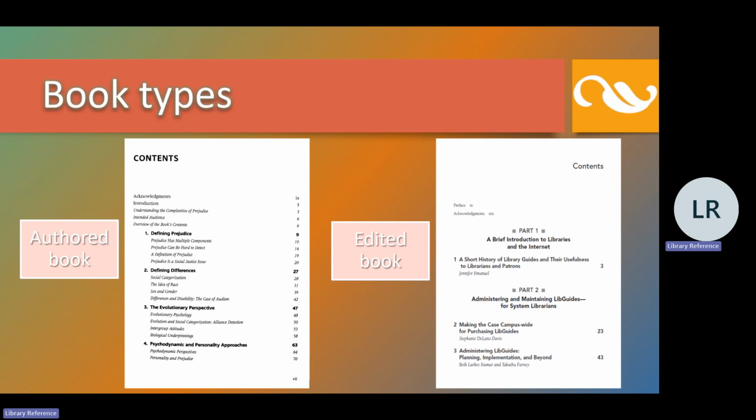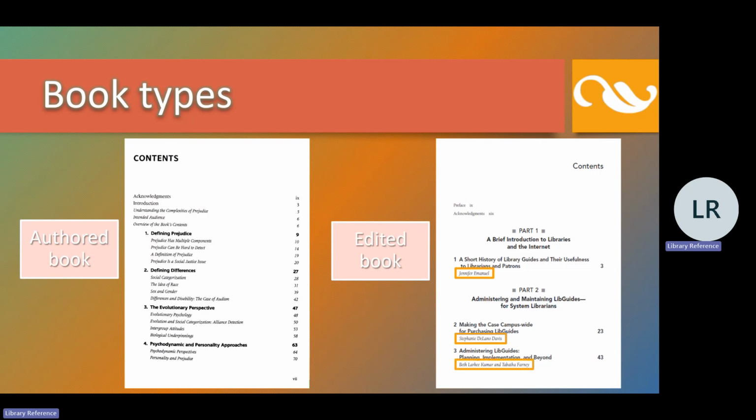There's no name of author under each one of these titles, whereas in the second example, each chapter has a different author. Chapter 1 was written by Jennifer Emanuel. Chapter 2 by Stephanie Delano Davis. Chapter 3 by someone else.